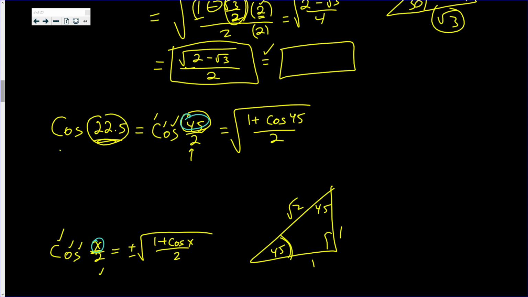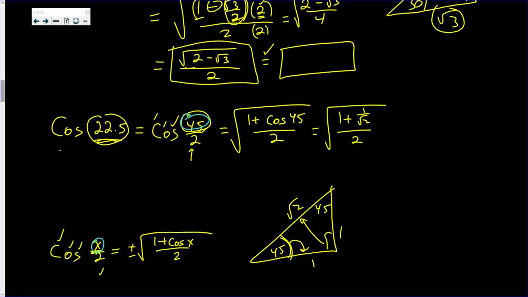We can use this angle. The cosine is adjacent over hypotenuse. So it's the square root of 1 plus 1 over square root of 2, over 2.